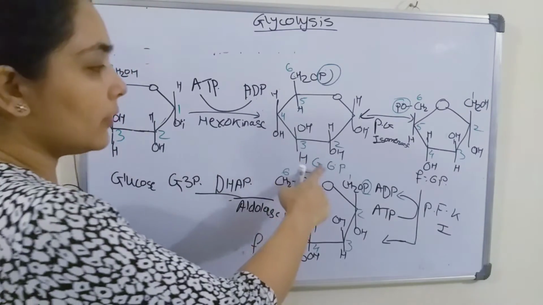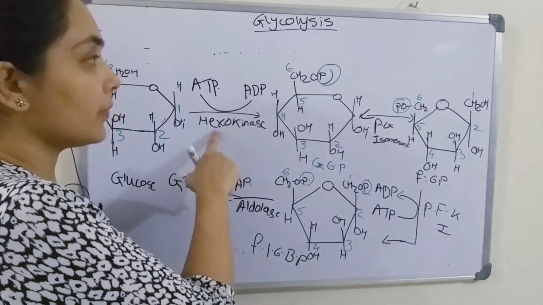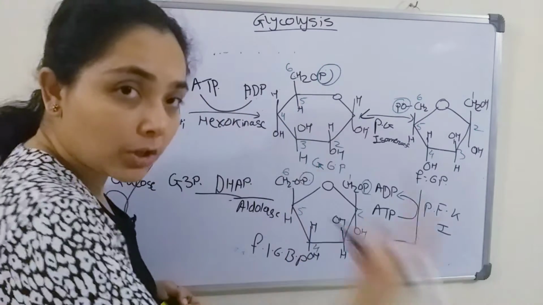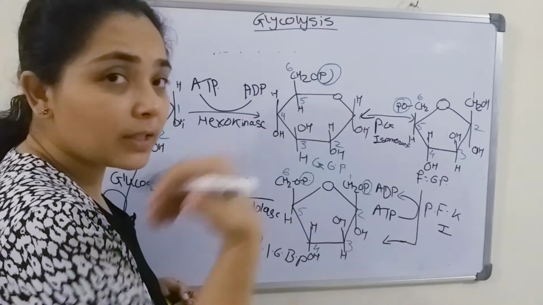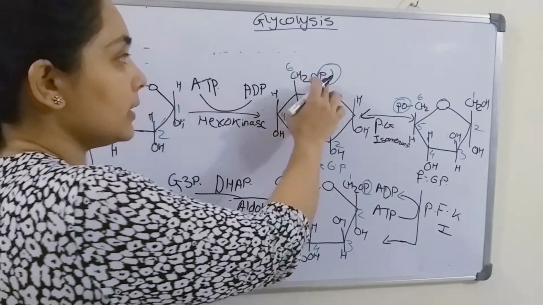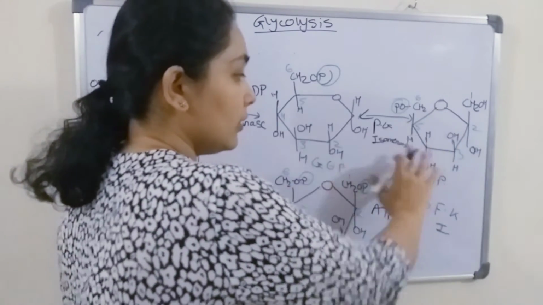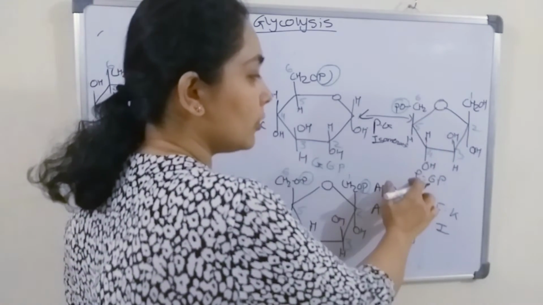Glucose will convert to glucose 6-phosphate. The name of the enzyme is hexokinase, right? Kinase means addition of a phosphate group, and phosphatase means removal of the phosphate group. So with kinase, ATP will be utilized. We'll have 1 phosphate group at the 6th position. Then isomerization: glucose will convert to fructose.